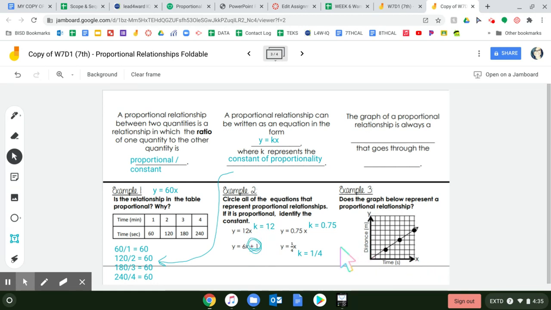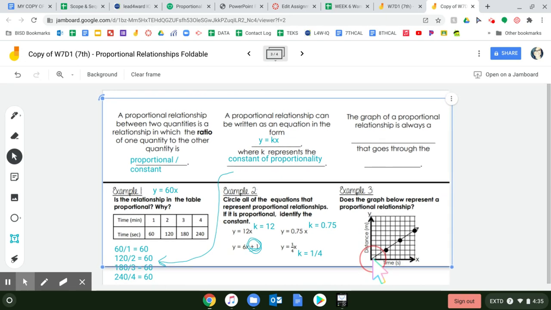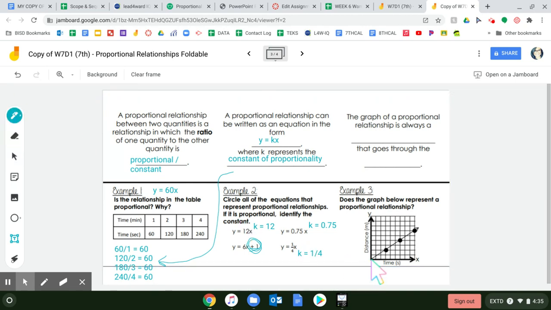And I tell you that because moving on to the graph form of this, we know it's proportional because the graph has a y-intercept at 0. So let me grab my pen tool.